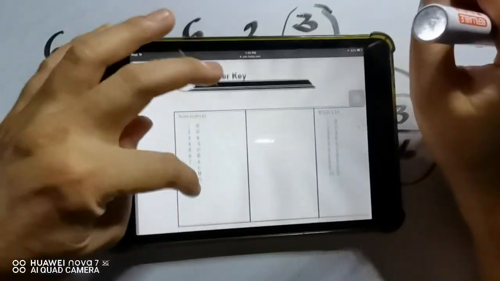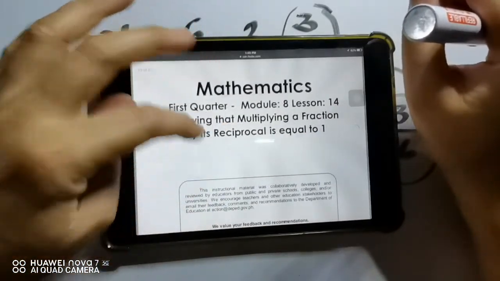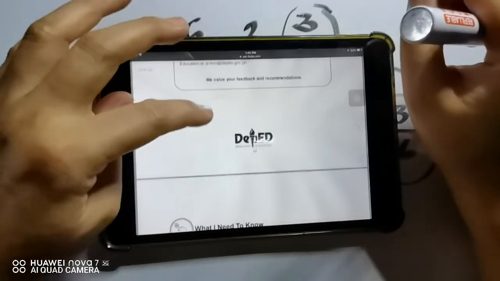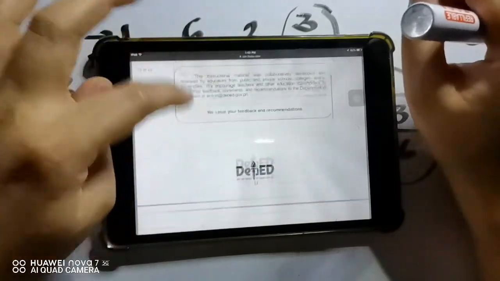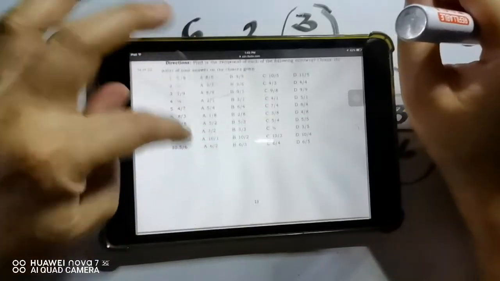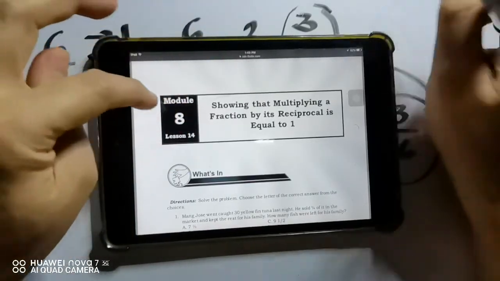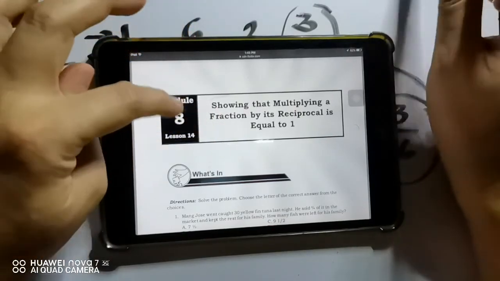So let's see. Okay, so meron pa din dito. Meron na siyang tinatawag na reciprocal. Okay. Ano po yung ibig sabihin ng reciprocal? Kapag sinabi natin reciprocal, sa module ito, meron siyang lesson 14.